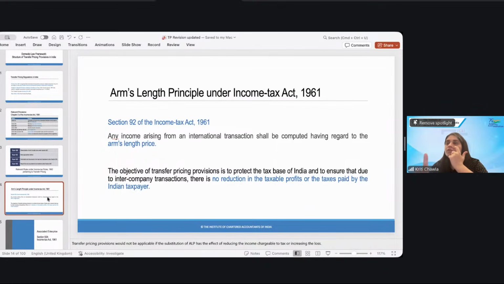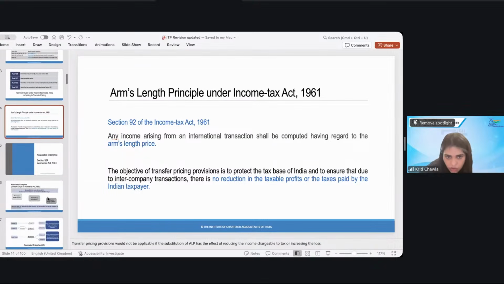So, transfer pricing provisions would not be applicable if the substitution of ALP has the effect of reducing the income chargeable to tax or increasing the loss. So if the income is reducing or the loss is increasing, then transfer pricing provisions will not be applicable going forward. So this is the arm's length principle of Section 92.